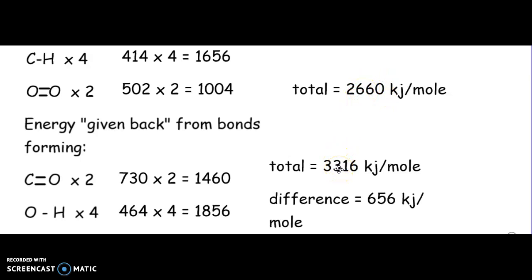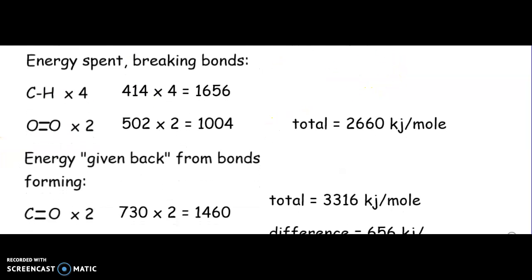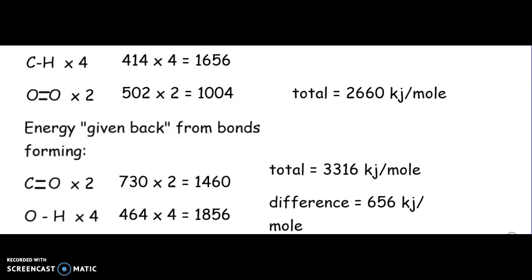So the products release more energy than are needed to break down the reactants. And so when this reaction occurs, there'll be a release of 656 kilojoules per mole. And we can go back to our original chemical equation and show that the energy released would be 656 kilojoules per mole of reactants that we use up.